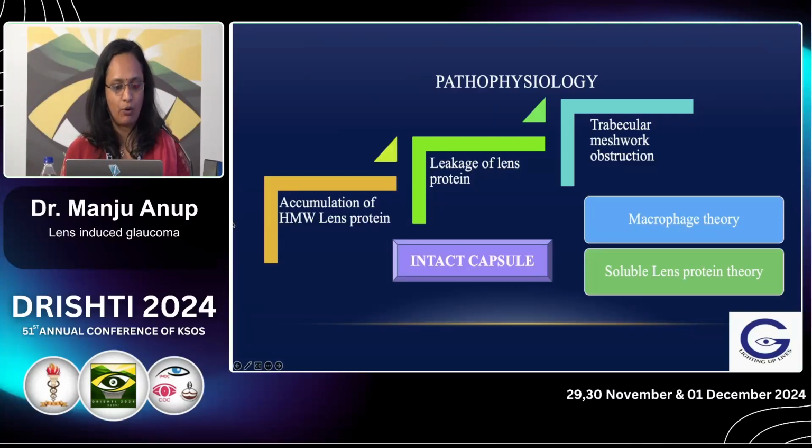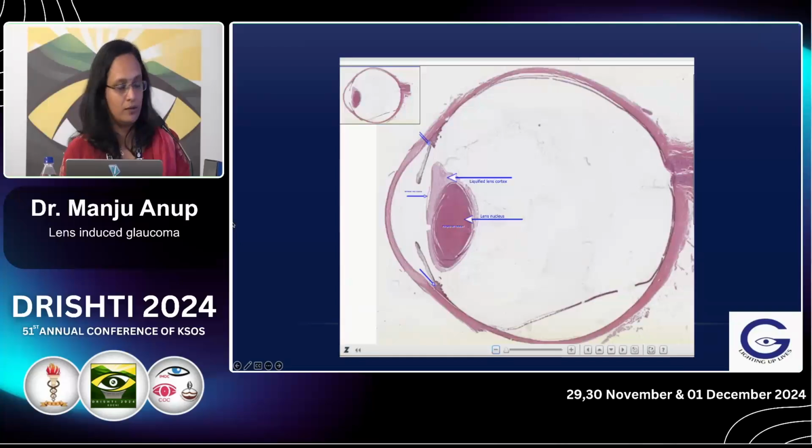These lens proteins will leak through the microscopic openings in the intact capsule of the mature cataract, and either directly obstruct the trabecular meshwork, as in the soluble lens protein theory, or get engulfed by macrophages and cause trabecular meshwork obstruction and glaucoma. This is a microscopic picture showing a liquefied cortex and wrinkled capsule with a Morgagnian cataract.